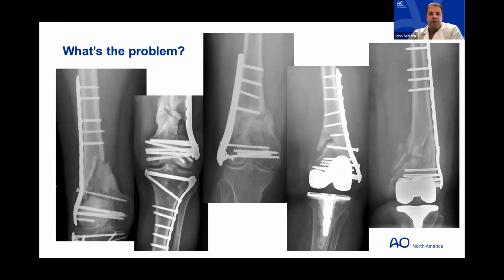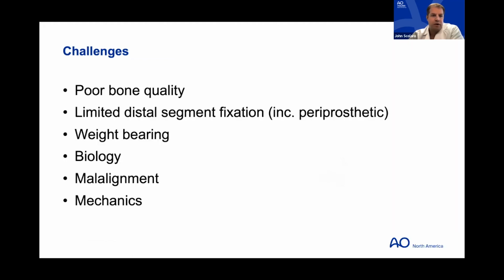I think we all know what the problem is. Each and every one of you, and including the three of us, have all seen the various challenges associated with distal femur fractures: malalignment, malreduction, fixation strategies that may not be optimal, loss of fixation, delayed healing, all things that are quite problematic, and not just in the older patients, but also in younger patients as well.